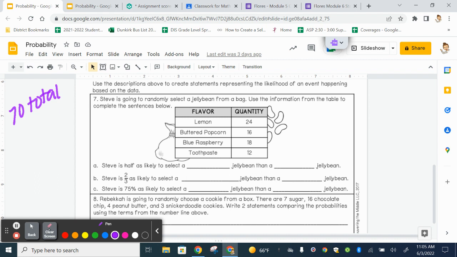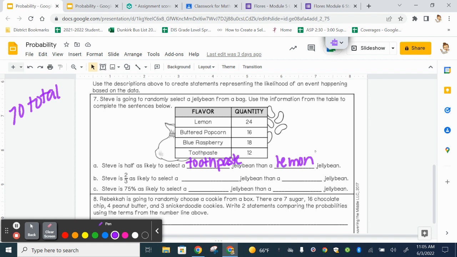So it looks like Steve is half as likely to select a toothpaste jelly bean than a lemon. So if he only had toothpaste and lemon jelly beans in the bag, when he reaches in, he's got half of a chance to get the toothpaste as compared to the lemon.